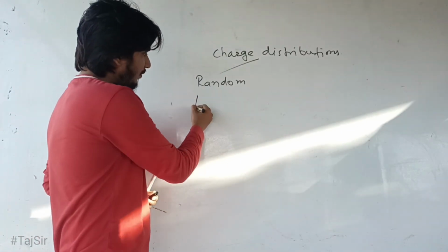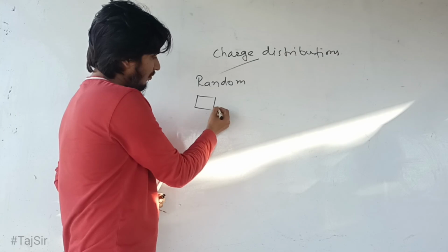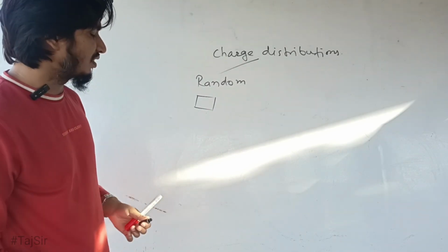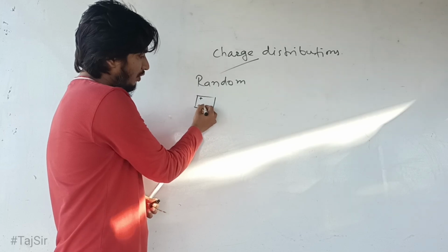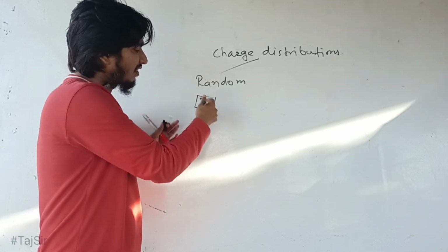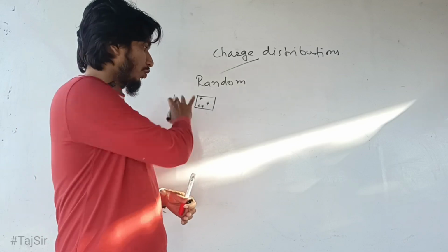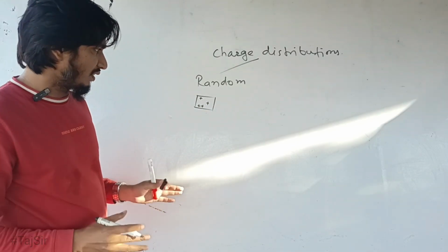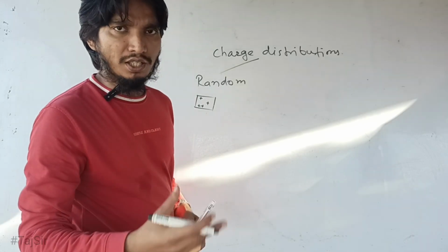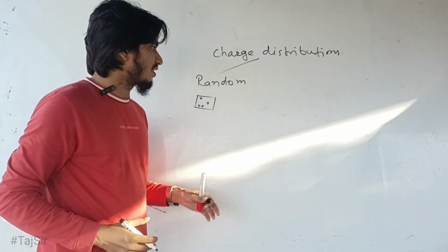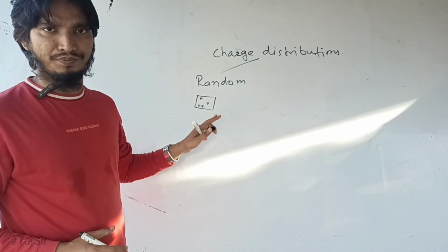If you have an object, suppose this is a sheet, there is one charge, there are two charges, and this is not uniformly distributed throughout. That means in some area there is more charge and in some area there is less charge. This kind of distribution is known as random charge distribution.